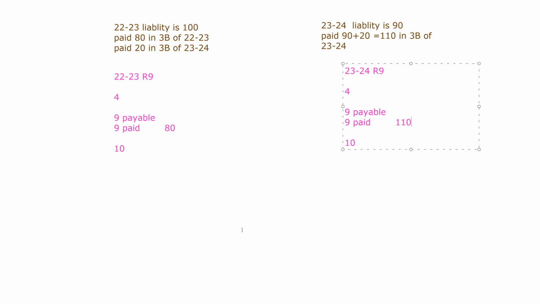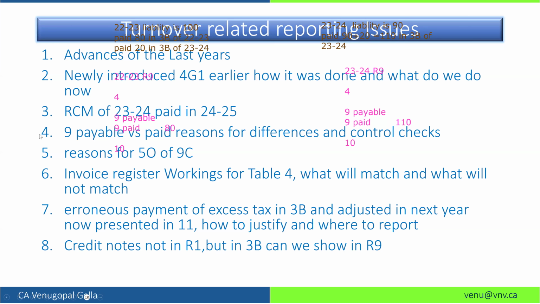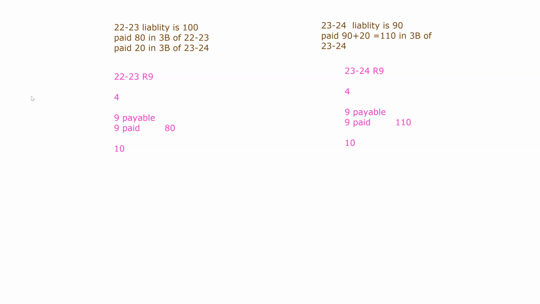Now we are looking at what values are to be reported. According to me, the way one has to report, first I'll put my view, then we will automatically change for others. So in table 4 of the previous year, you will be showing 80 rupees. 9 payable will also be 80 rupees.